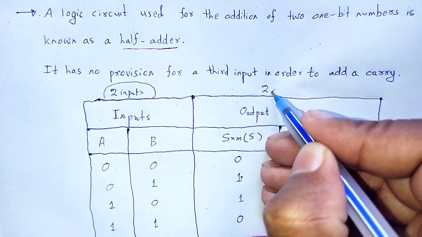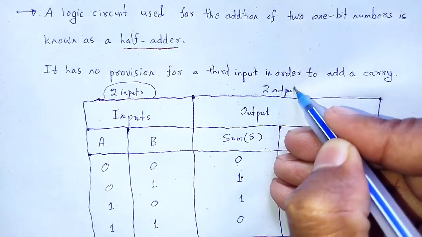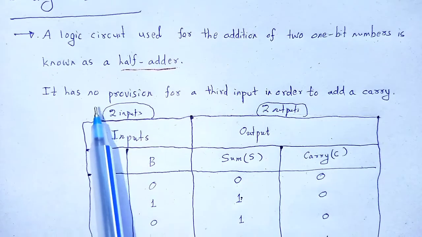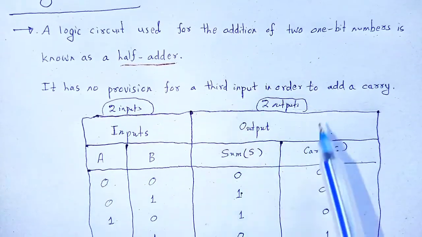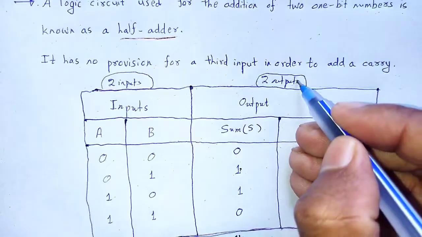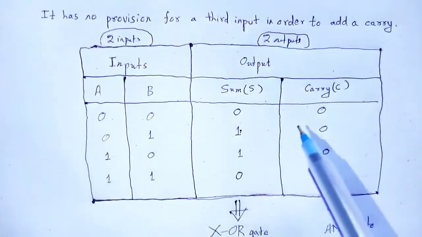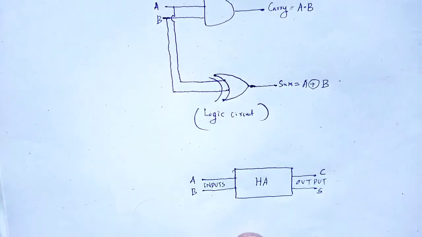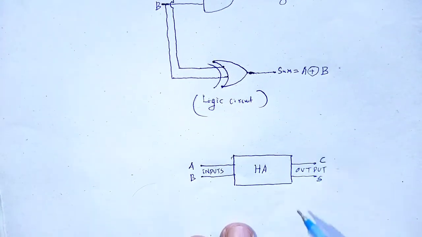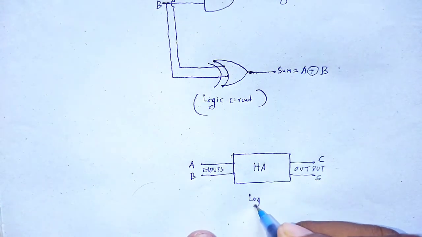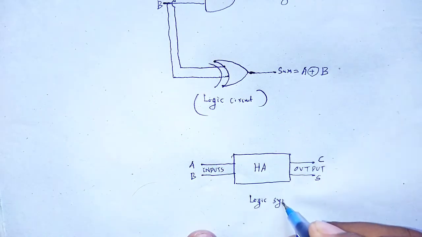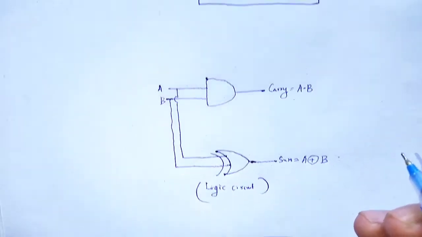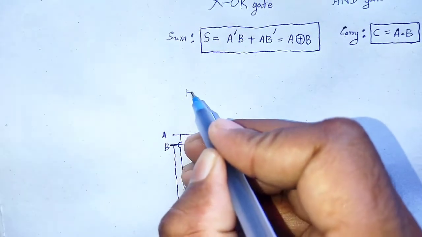As we noted, it has no provision for a third input. That is a half adder, the logic circuit and the logic symbol for a half adder.